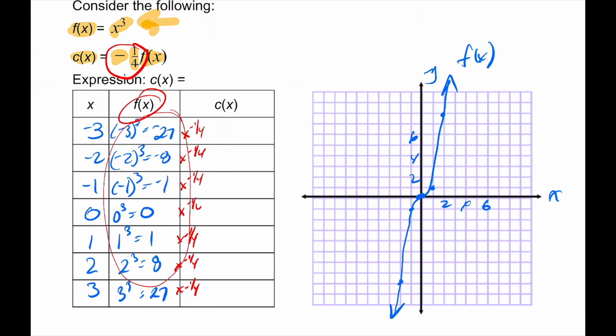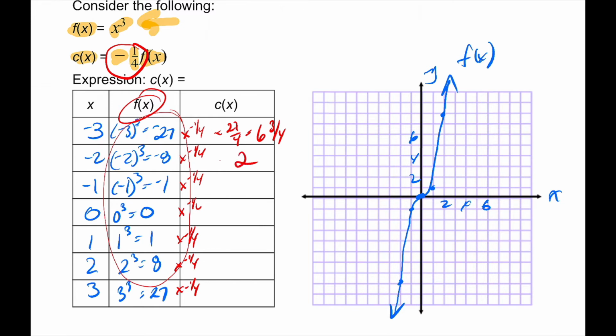So negative 27 times negative a quarter is going to be 27 over 4, which is going to be 6 3/4. Here we get negative 8 times the negative quarter, which is going to be a positive 2.